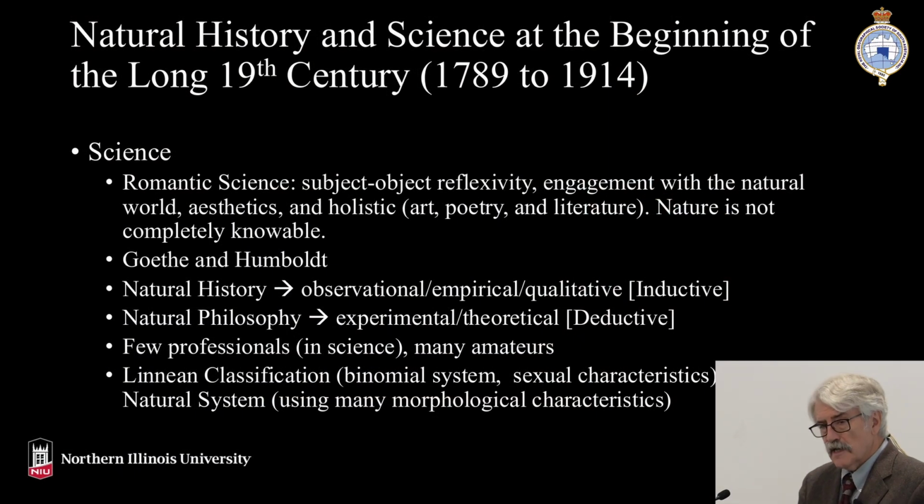And then there's science. We're almost done with this background part, okay. There's this notion of romantic science. That may seem like an oxymoron in a way, but there are concepts of romantic science. And of course, this stems from the late 18th century on into the 19th century, pretty much throughout the 19th century, at least in its influence on science.